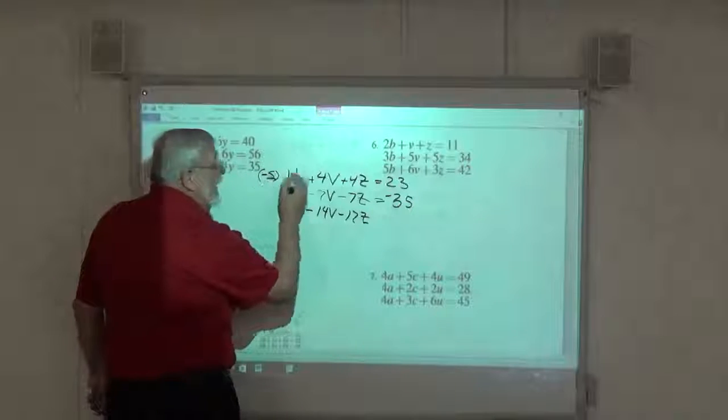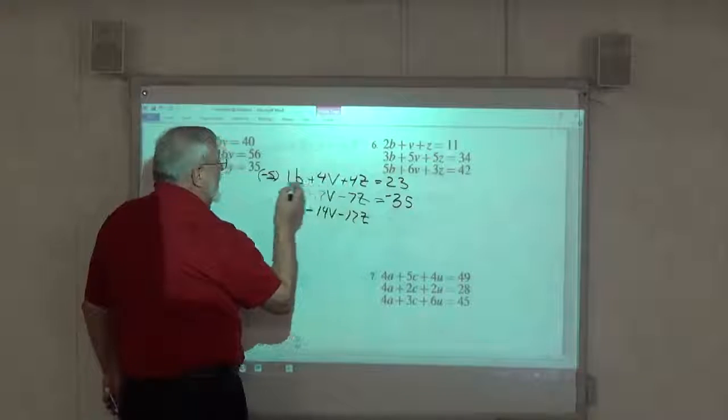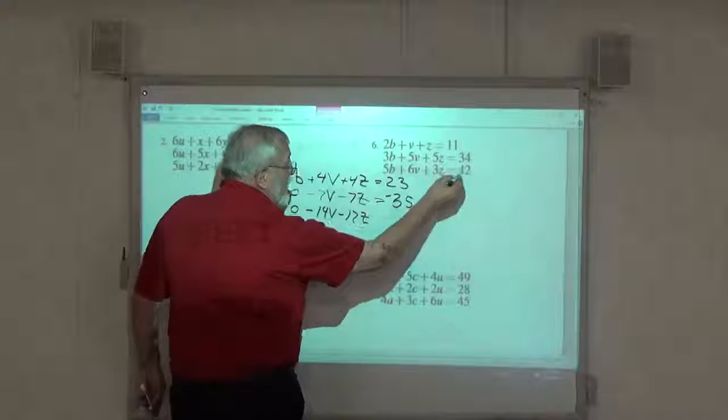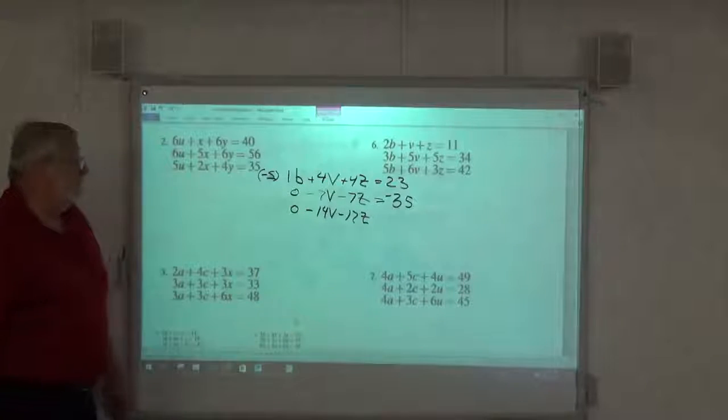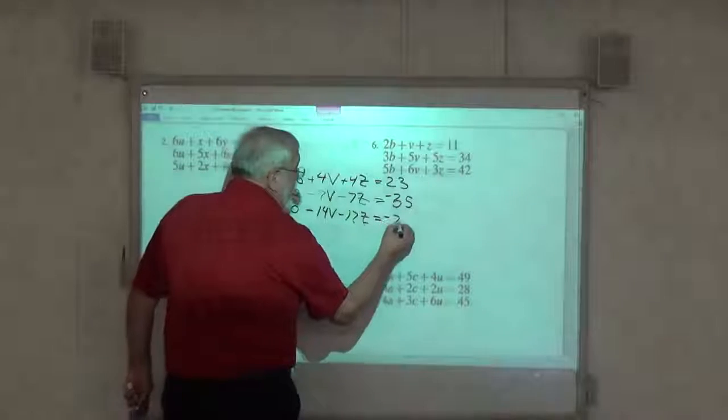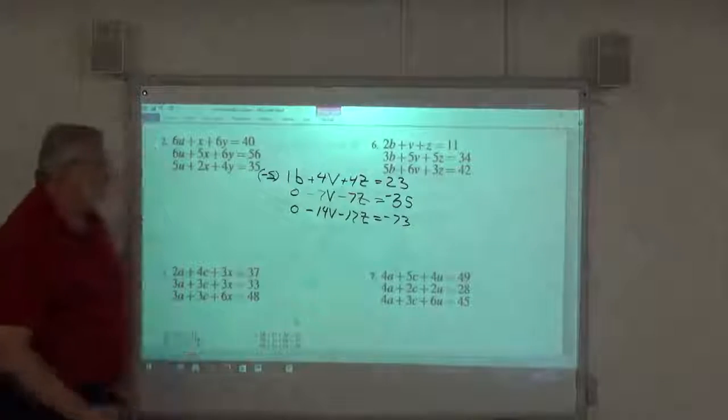And then 5 times, here's calculator work. Negative 5 times 23 plus 42. Negative 73. That's the one.